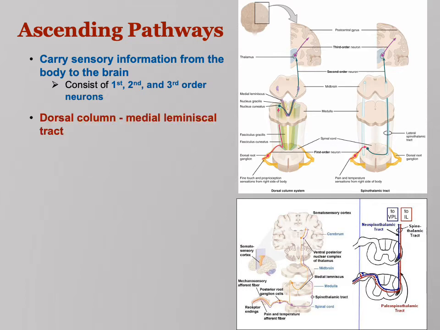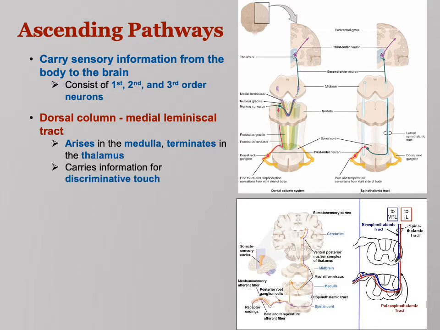The dorsal column medial lemniscal tract, which we've talked about a few times before, arises in the medulla and terminates in the thalamus. It carries information for discriminative touch, fine touch, like the kinds of things you can do with your fingers, all right? Careful, discriminative, telling the difference in textures and shapes and so on.